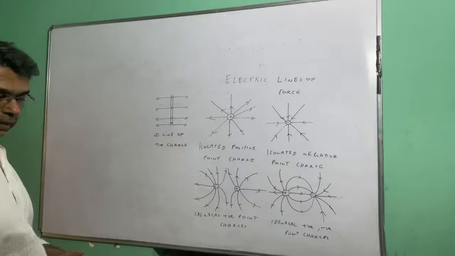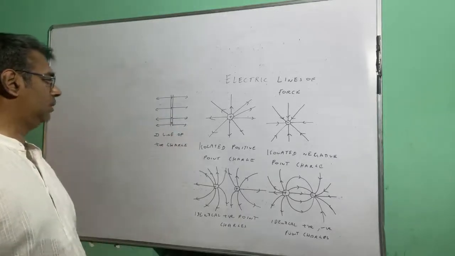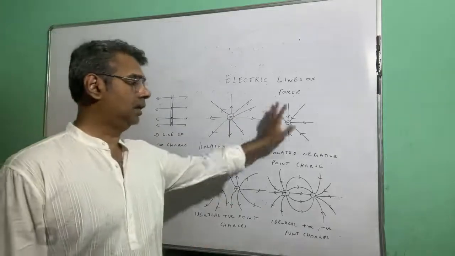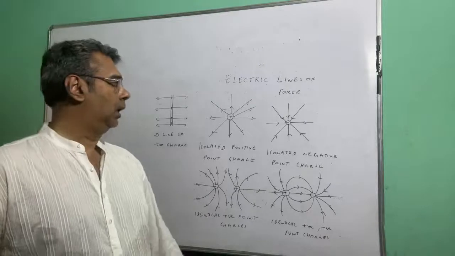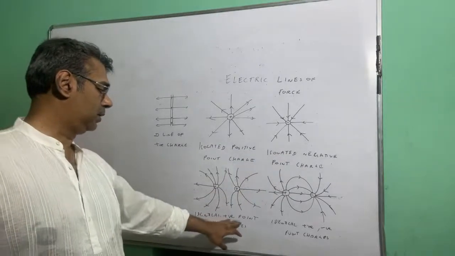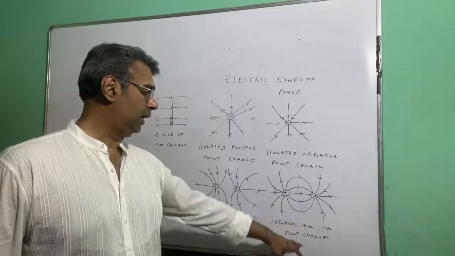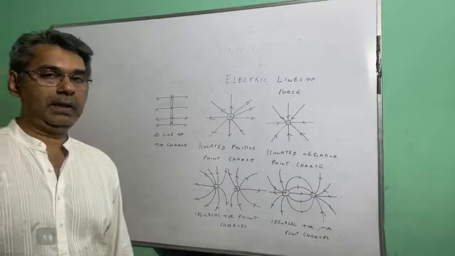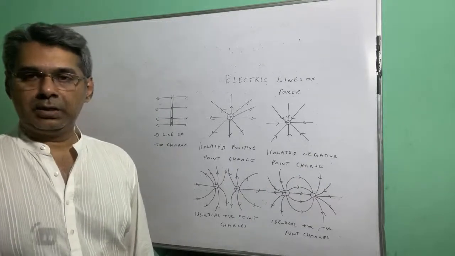For a single infinite line of positive charge, these will be the lines of force. So these are the different cases for lines of force: isolated positive charge, isolated negative charge, identical positive point charges, positive and negative point charges, and finally an infinite line of positive charge.